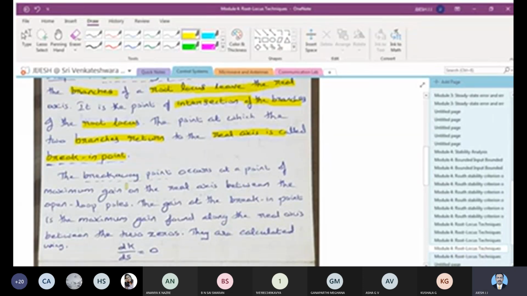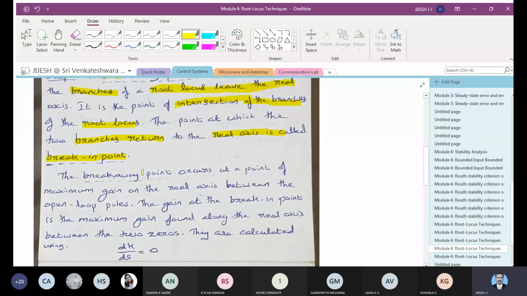Moving on further, the breakaway point occurs at the point of maximum gain on the real axis between the open loop poles. The gain at the break-in point is the maximum gain found along the real axis between the two zeros.